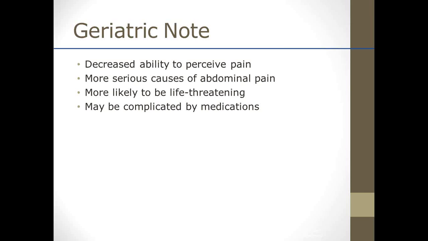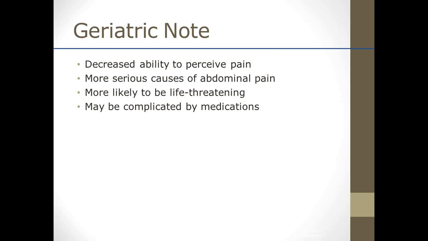So we want to consider that they may have a more serious cause to abdominal pain. Simply because they're older, they're more at risk for things not working correctly, and also they can't feel when it hurts as much. So they have more higher risk. That's good English, isn't it? More higher risk for life-threatening injuries.